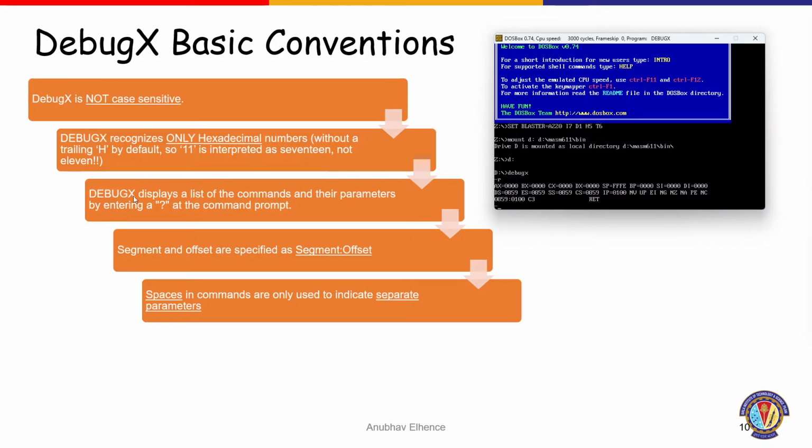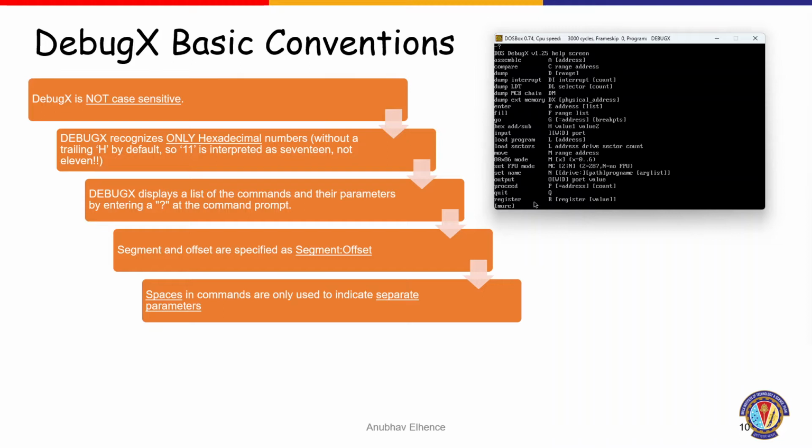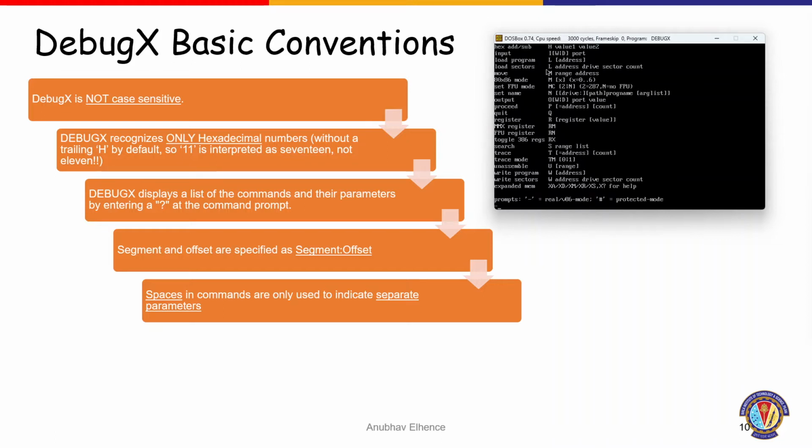Very important. Debugx displays a list of commands and their parameters when you enter a question mark at the command prompt. You can try that right now and just go through them. The basic instructions are all written here, and this will help you understand the format. If you forget what the command was, you can anytime type question mark and see this.